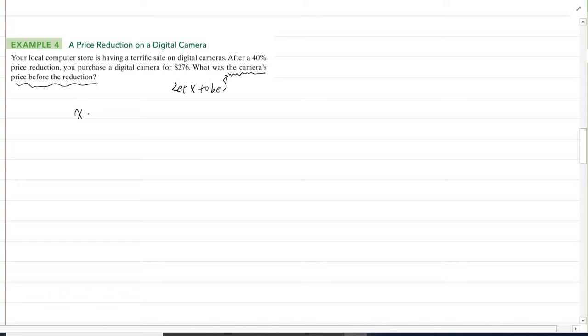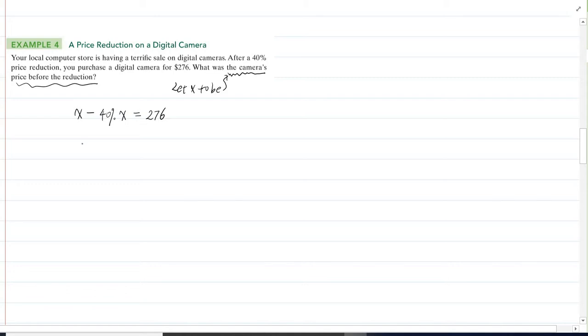When you talk about reduction, we're talking about subtract, right? And then we have a 40% price reduction. So we said our original price was x dollars, then a 40% discount, and then what you got is $276. So that is how you set it up. You had the original price, then you subtract that 40% discount, and then you're going to have this $276.